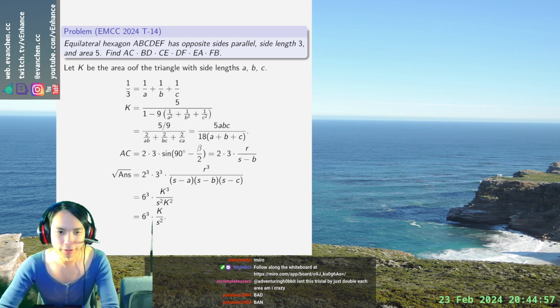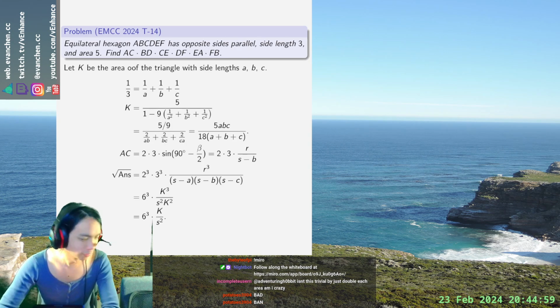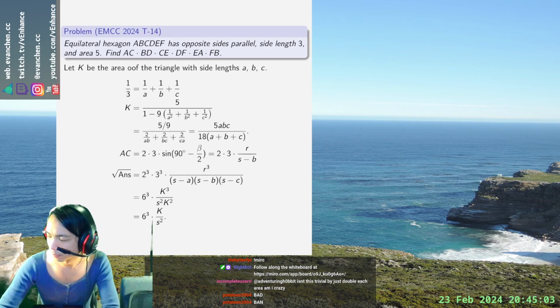Okay, so I need to find k over s squared given like these two equations. K equals, yeah, 6 cubed times frac r over.